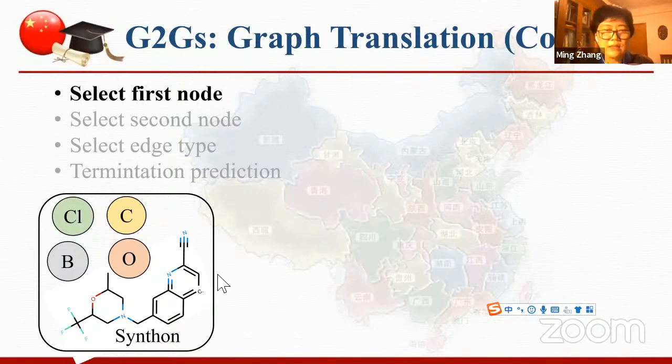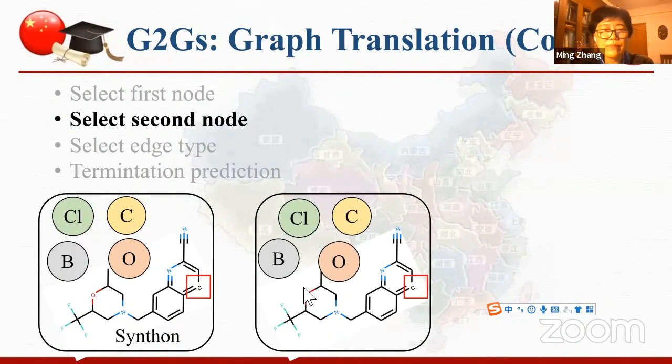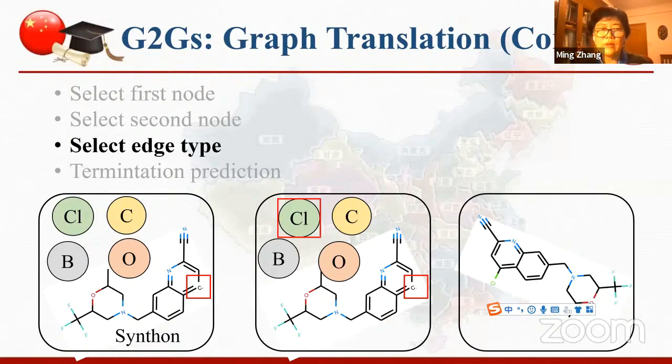First, we select carbon, this one, and then we select a second node to focus on, and then we select an edge type.